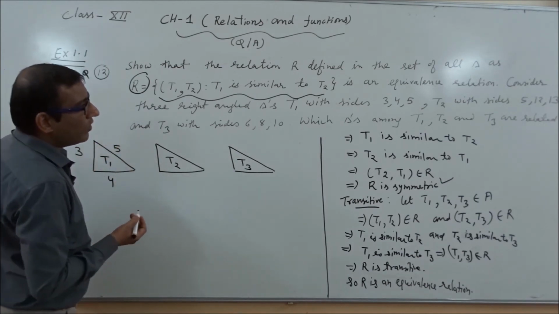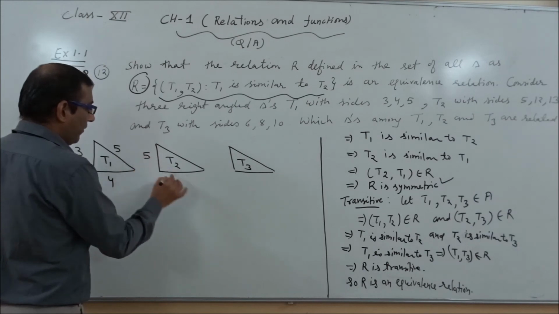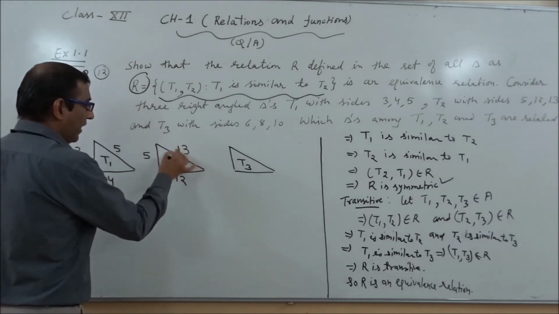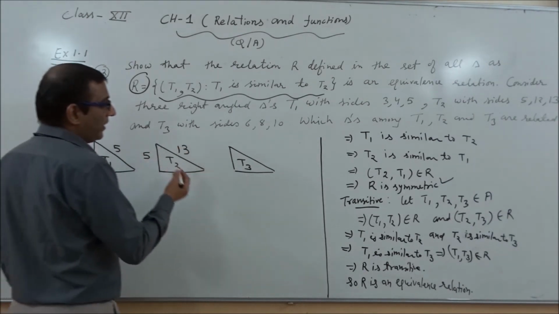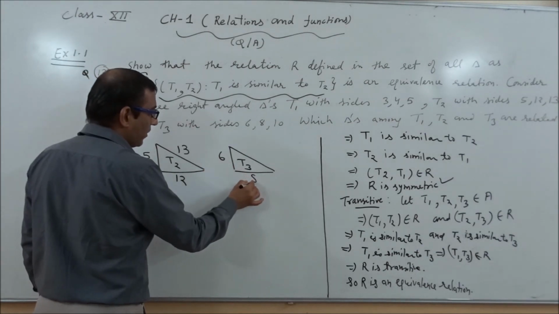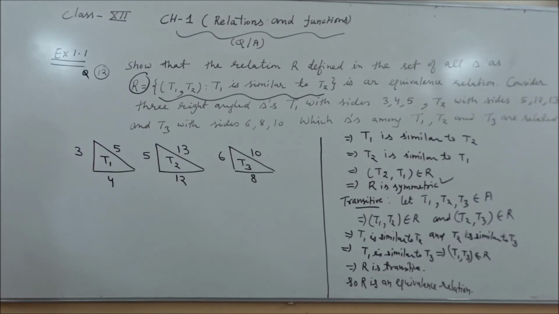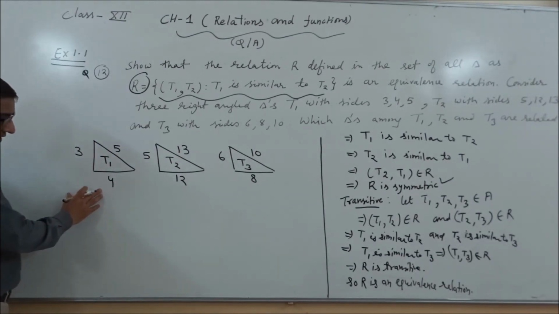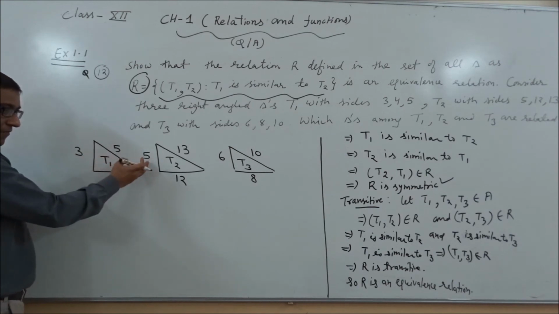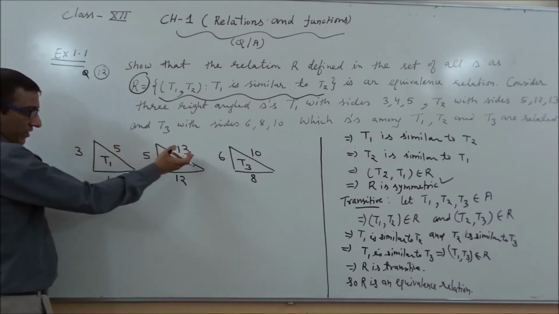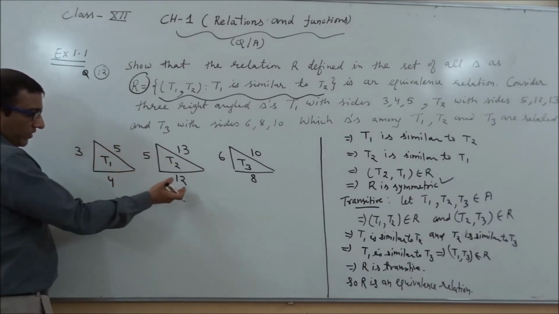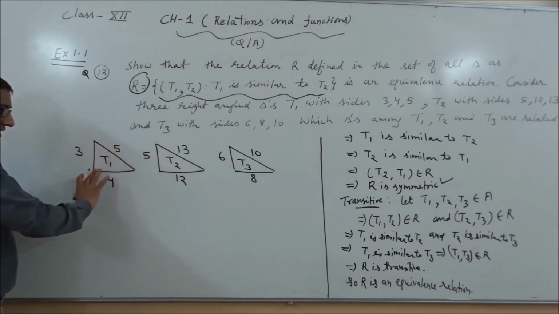For T2 we have 5, 12 and 13. And for T3 we have 6, 8 and 10. If we see these three triangles, there is no relation between T1 and T2. Here this is 3, this is 5. Here this is 5, this is 13. Here this is 4, this is 12. So there is no relation in these two triangles.